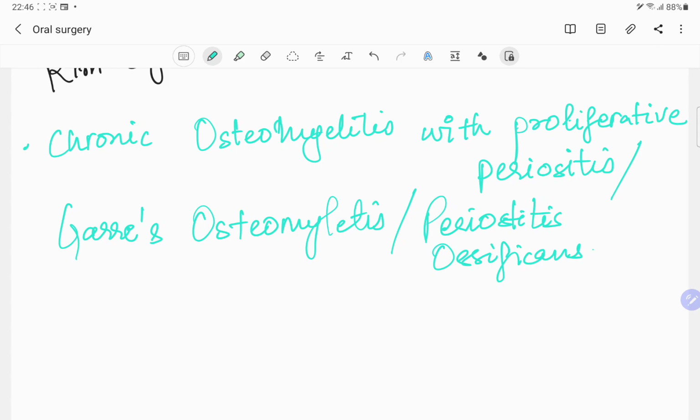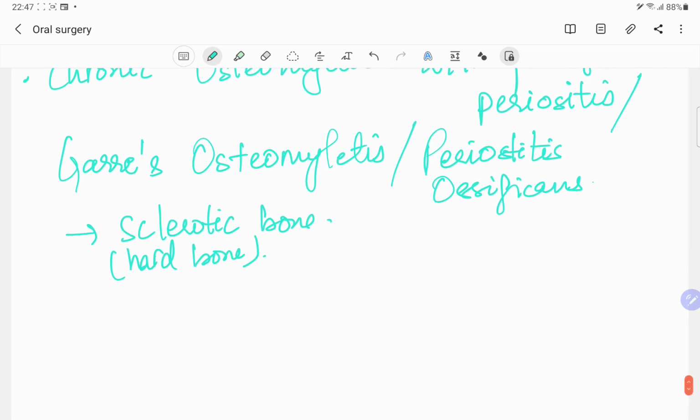So in response to this inflammation or infection, there is new bone formation occurring, and we also see there is thickening and hardening of the bone. So you will find the sclerotic bone, which is basically hard, dense, thick bone. So you will find that there is bony, hard swelling of the jaw.